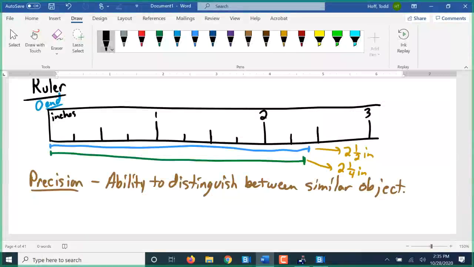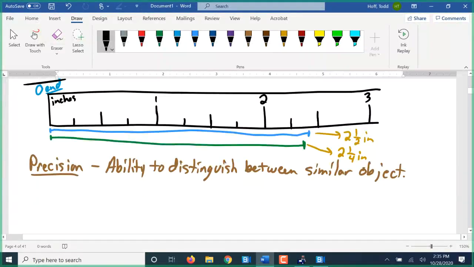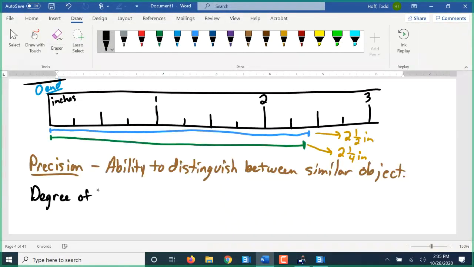This is called the degree of precision. I made this ruler more precise by cutting the units into smaller fractions, smaller pieces.